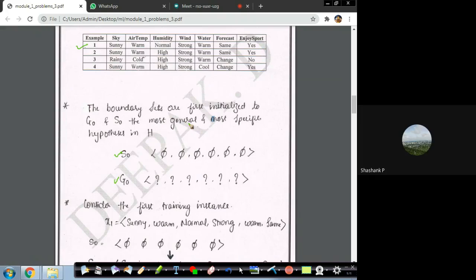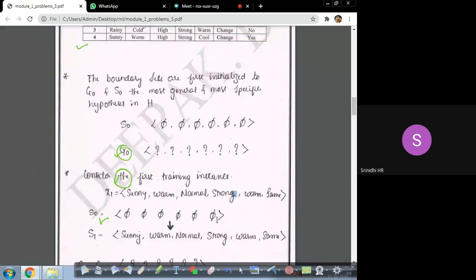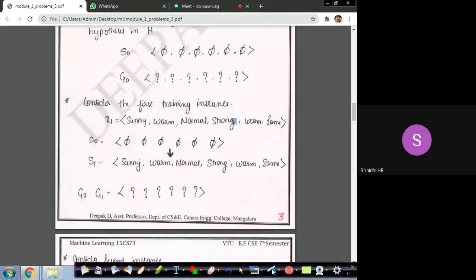Positive example. So it's a positive example. I'll consider x1 here. I need to update my specific hypothesis as well as general hypothesis. So this is my specific hypothesis, initially it was null. So I'll replace null.